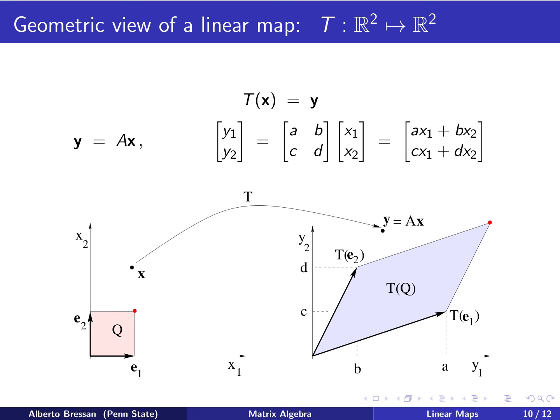So you can see that a linear map from R2 to R2, what it does to a region is that it deforms it and possibly rotates it. We can take a closer look at exactly what happens.